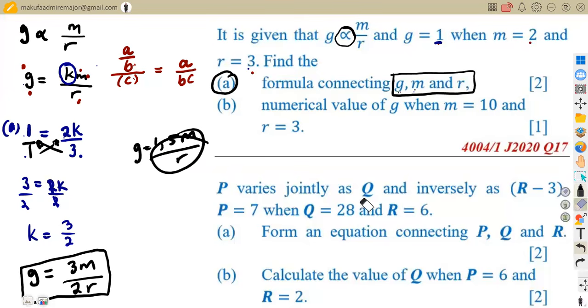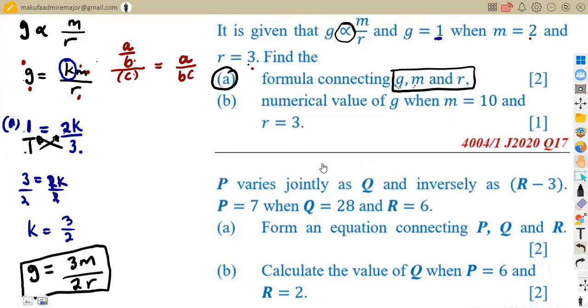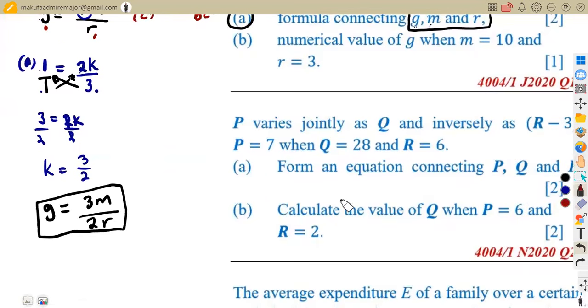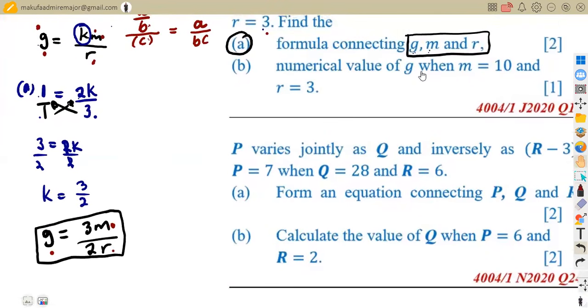It's not a proper presentation in our mathematics, and so we have to change it in a way that is presentable. So we can check now here. We have G, we have M, we have R. Only these are the letters that you're supposed to have. That is what the question is asking you to do.